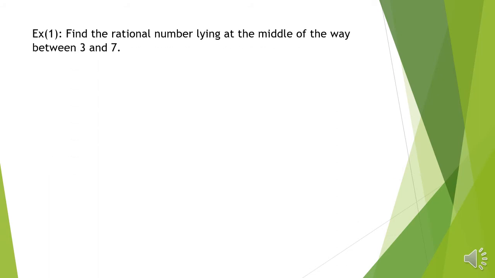Find the rational number lying in the middle of the way between 3 and 7. The number equals, from the smallest number, or from the smaller side, smaller plus 1 over x times difference, equals 3 plus 1 over 2 times the difference between the two numbers, greater minus smaller, 7 minus 3, equals 5.